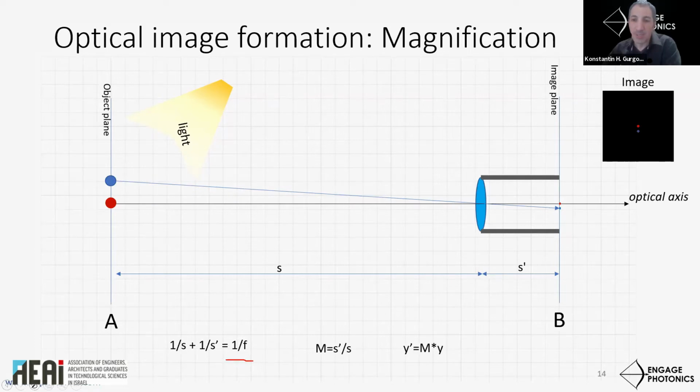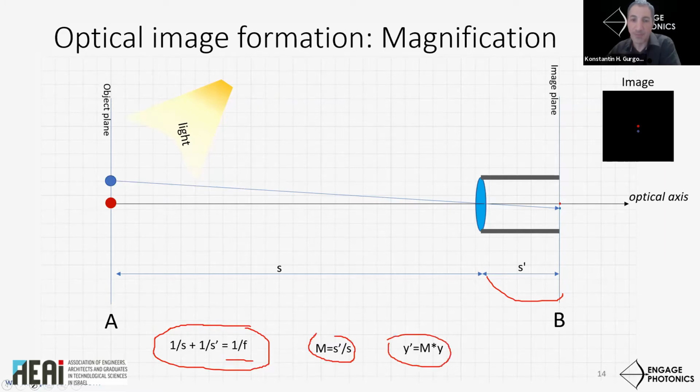The lens is now positioned at the distance S prime from the image, and the relation between the different distances and the focal length is shown here. The image is a scaled down version of the object, and the magnification by simple geometry is the ratio of distances. And so magnification is the ratio of the image size to the object size.